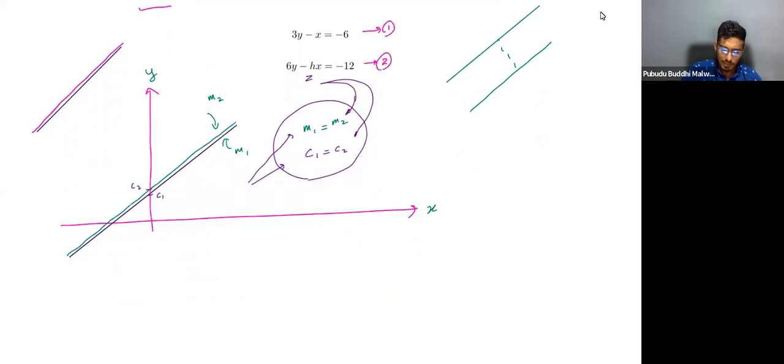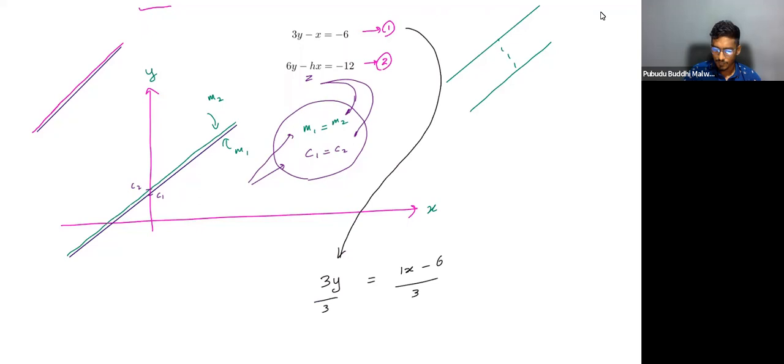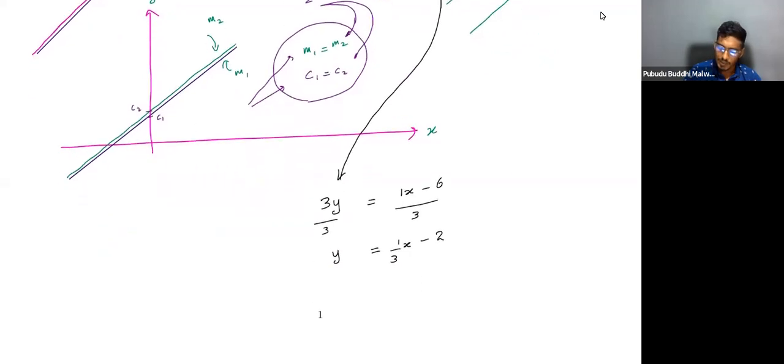Let me start with the first line. That's a line, right? So I can move minus x to the other side, 1x minus 6. Then divide both sides by 3. Divide separately. That gives x over 3, minus 6 over 3, minus 2. But in the next step, I'm going to put a plus sign between these two terms.